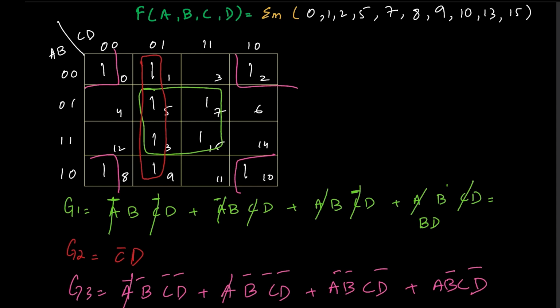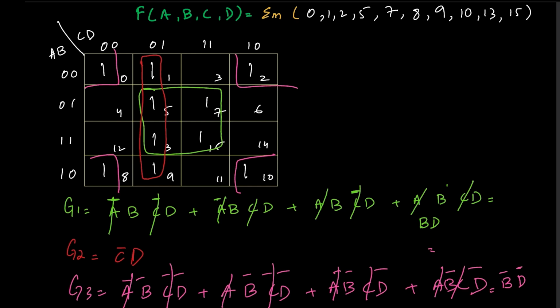A changes from bar to non-bar. C changes from bar to non-bar. B and D are constant. So we will write B dash and D dash.